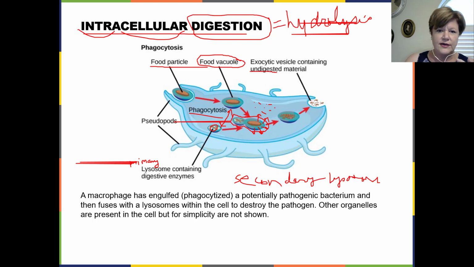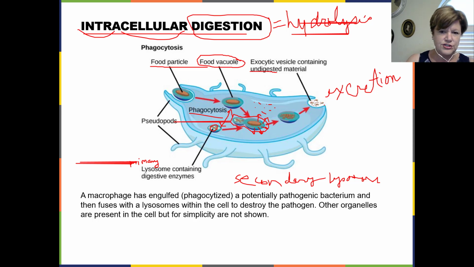And so in the same way, the cell needs to release that waste, and it releases it by a process called excretion. It's the release of the waste. It's another kind of exocytosis. We talked about secretion of insulin. Now we're talking about excretion of waste.